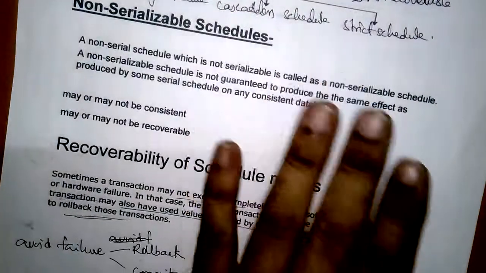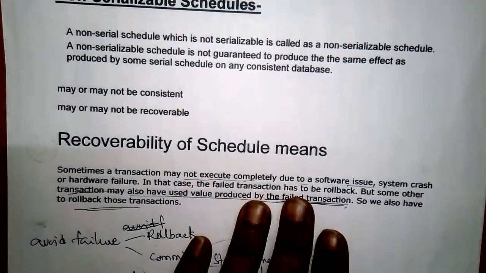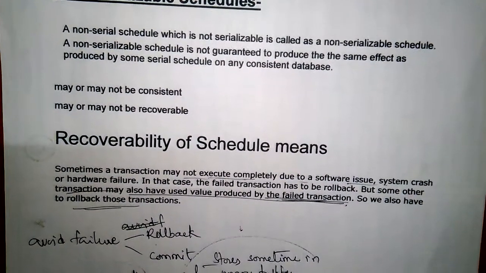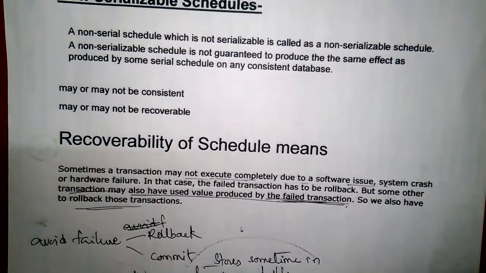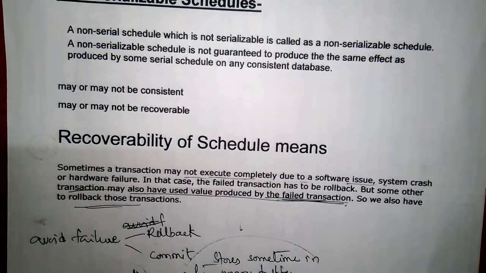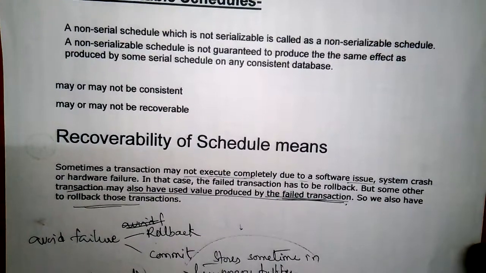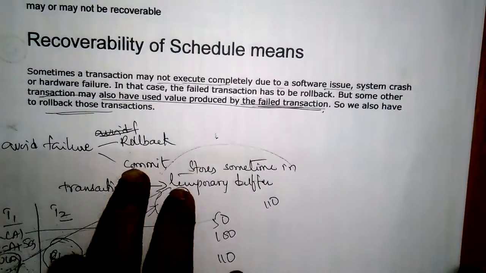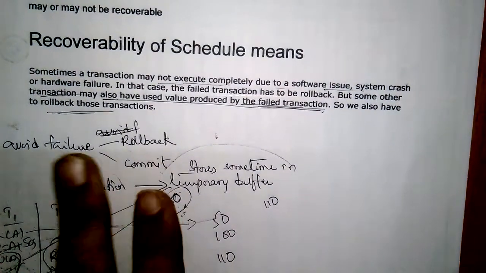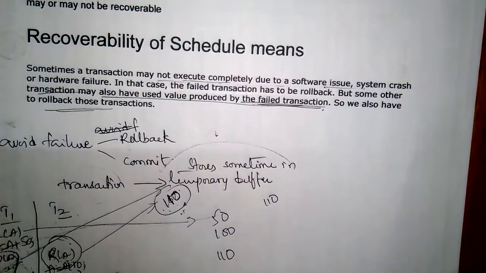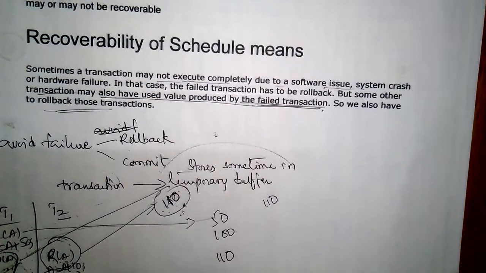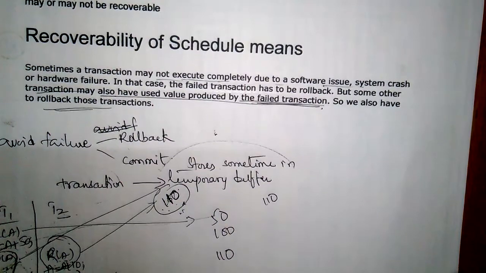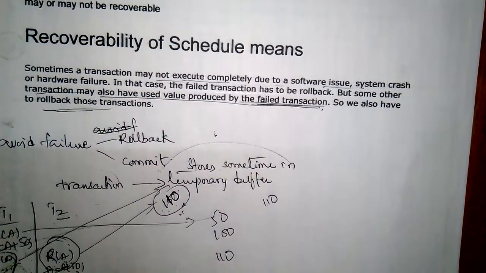Okay. Now, what do you mean by recoverability of a schedule? In previous classes, we learned that while performing some transactions in a schedule, sometimes there may be failures. To recover from failures or to avoid failures, we are using two types of operations called rollback and commit. Also we said that when we are performing a transaction in a schedule, the transaction should be successfully completed and committed in the database.